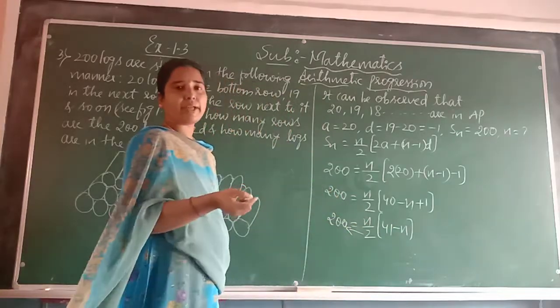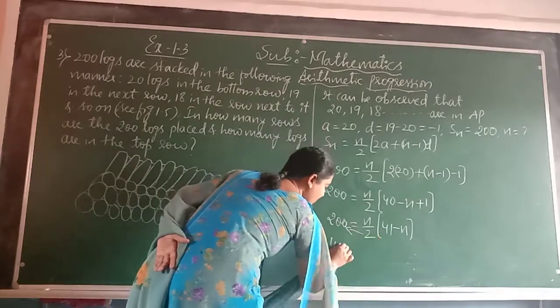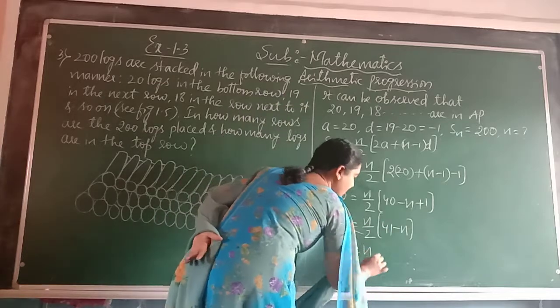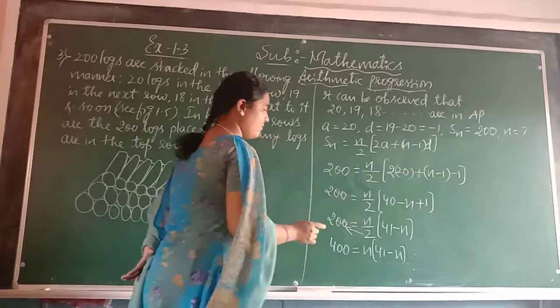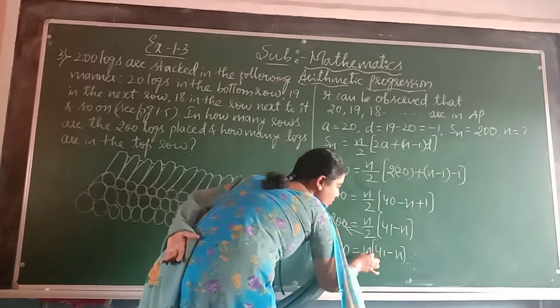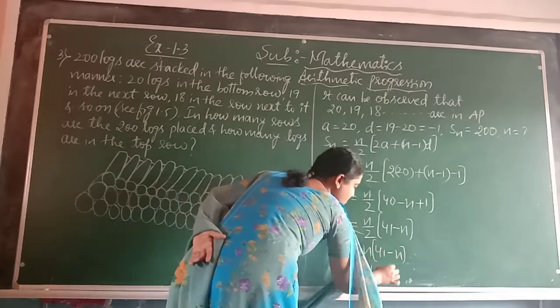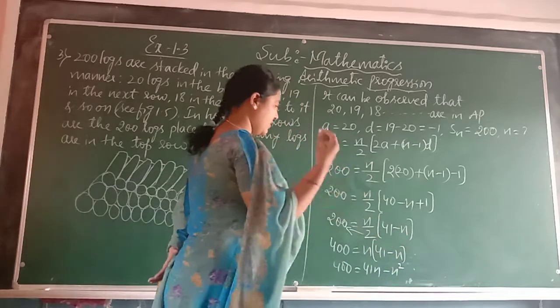Cross multiply. 2 cross multiply to 200. 200 into 2 we will get 400 is equal to, here what left? n into 41 minus n left. Now multiply it. 400 is equal to 41 into n, that is 41n, plus into minus, minus n into n, n square.